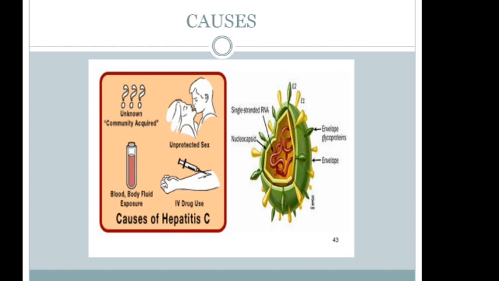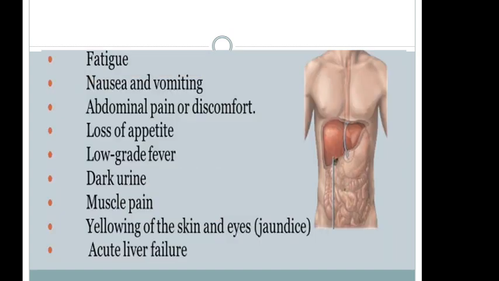These are the causes for viral hepatitis. What are the symptoms? Fatigue, nausea and vomiting, abdominal pain or discomfort, loss of appetite, low grade fever, dark urine, muscle pain, yellowing of the skin and eyes, that is called jaundice, or acute liver failure.